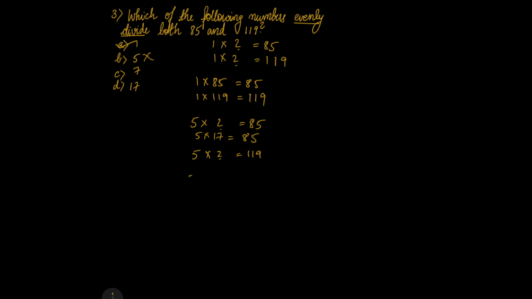Now, can you multiply 7 by any number to get you to 85? Well, you get a remainder of 1. So again, there's no whole number that you can multiply by 7 to get you to 85. And what about 119?